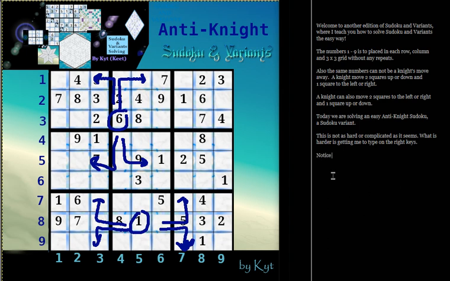But notice that the 1 is given in this column here, column 8. That 1 could not have been put in column 7 in rows 7 or 9.